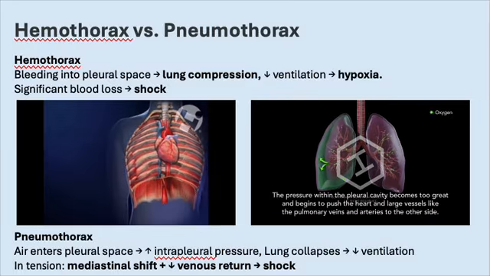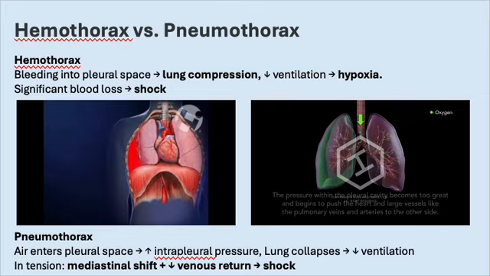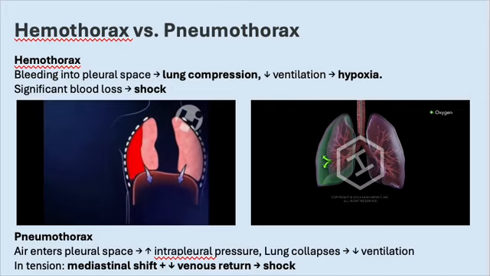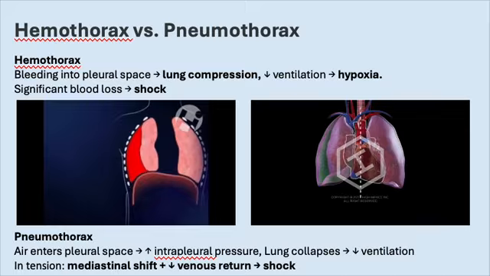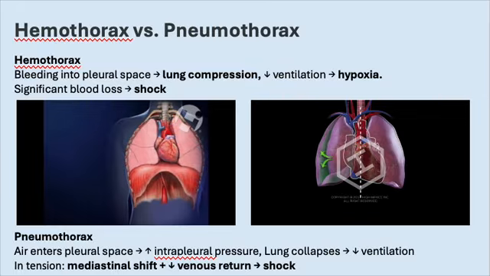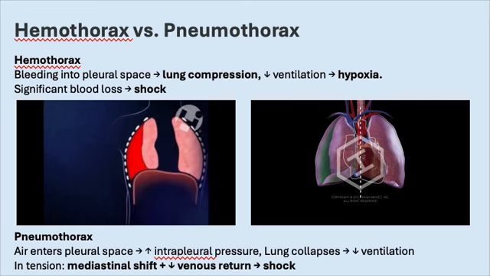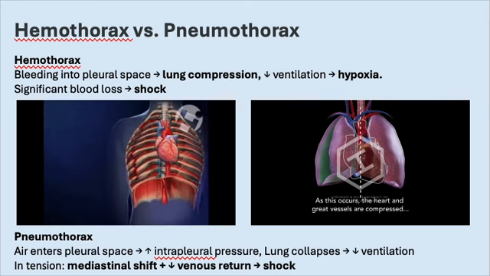The lungs require sort of a vacuum, if you will, to be able to expand and contract. And if that pressure is disrupted, especially the vacuum effect or the pressure that is within the intrapleural space, then this can cause lung collapse.